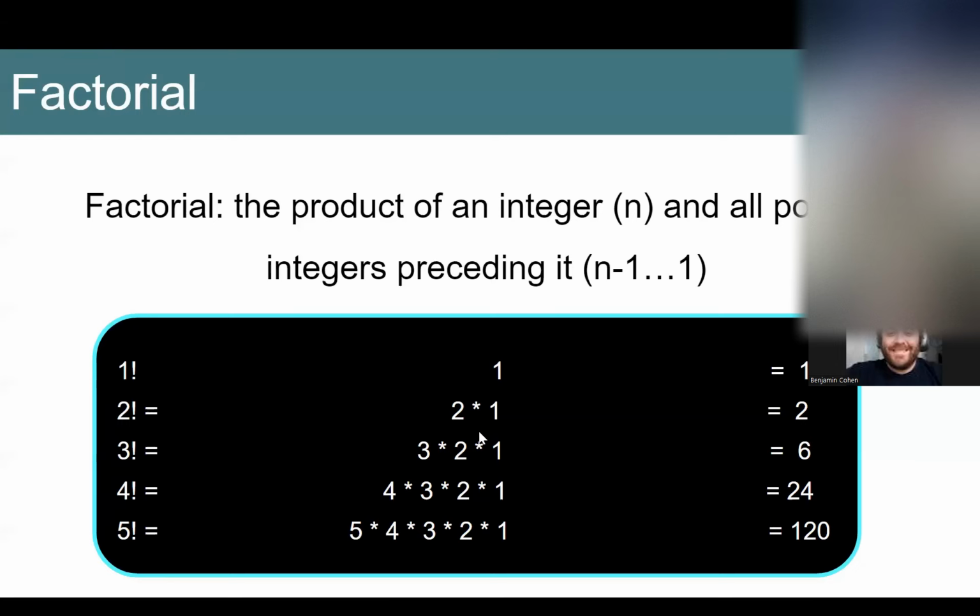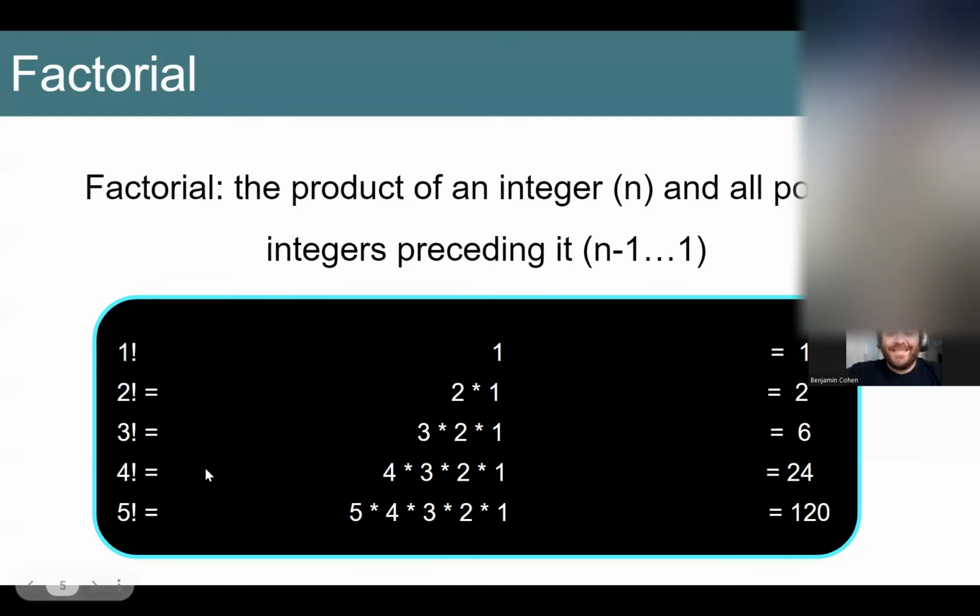If I look at the 4 factorial row, which is 4 times 3 times 2 times 1, do you see any similarities between how I calculate 4 factorial and any of the other factorials above? Oh, the pattern's the same. You decrement by 1 and then multiply and then decrement again. Yeah, it's the same pattern.